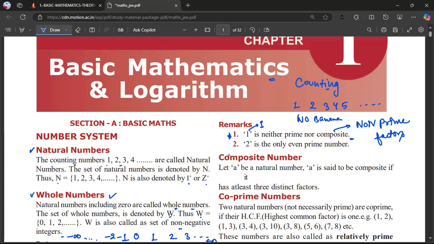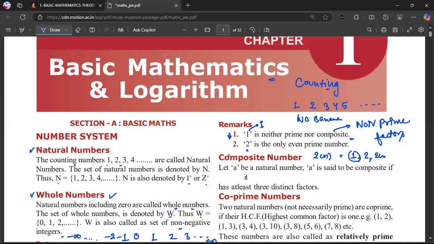2 is the only even prime number. There are no other even prime numbers, because if we discuss any other even number, it is bound to have 2 as its factor and also the number itself.